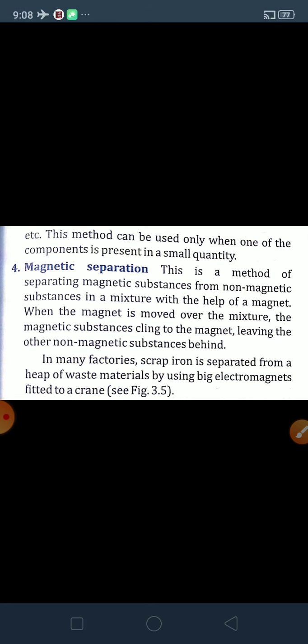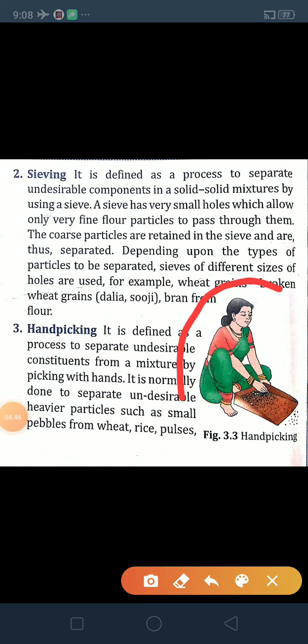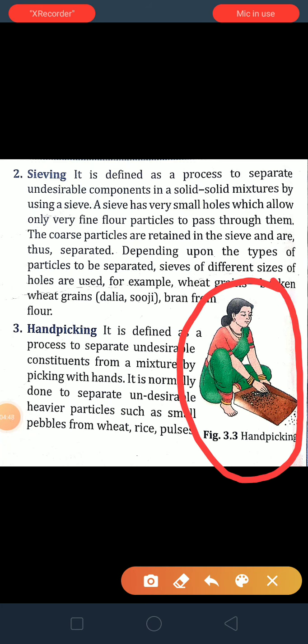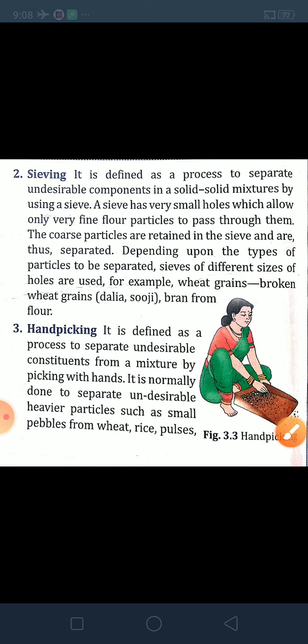Then only we can use this method, that is hand picking. Here a woman is using the hand picking method to separate the undesirable components from solid and solid mixtures.